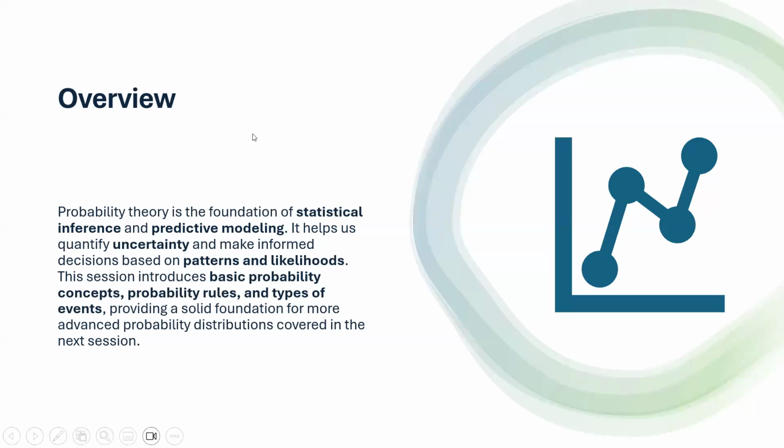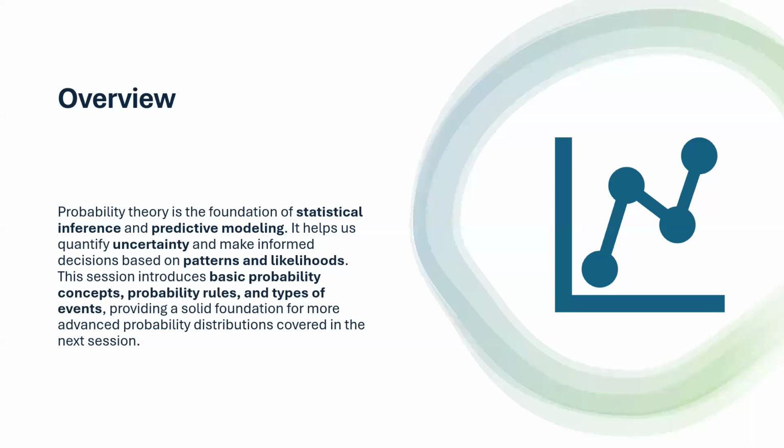Cool. So let's start with the overview. Probability theory is the foundation of statistical inference and predictive modeling, right? As I told you, the next topic in this series will be statistical inferencing, or inferential statistics. But before that, we should know about probability first, because we'll be using it a lot in that area.